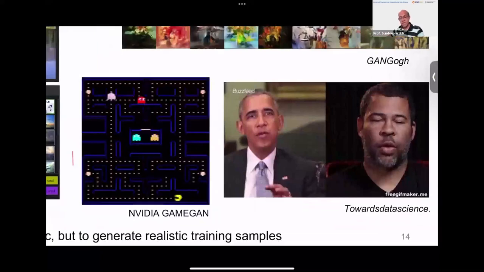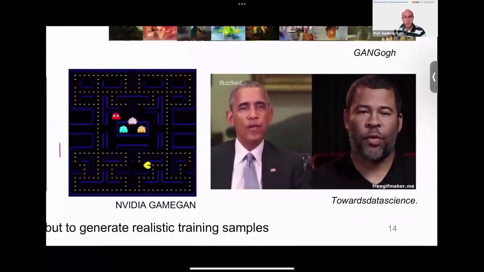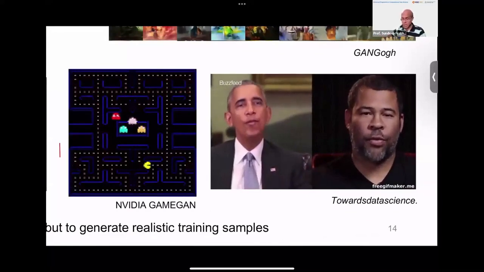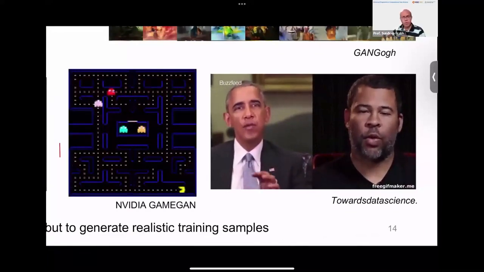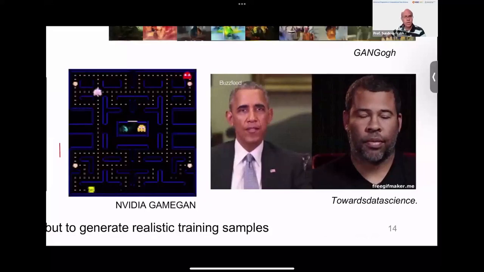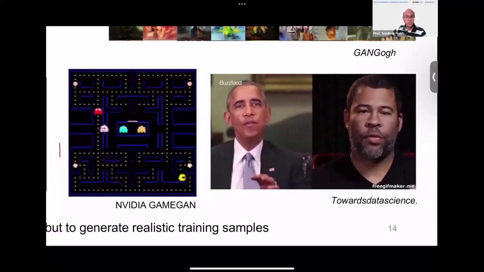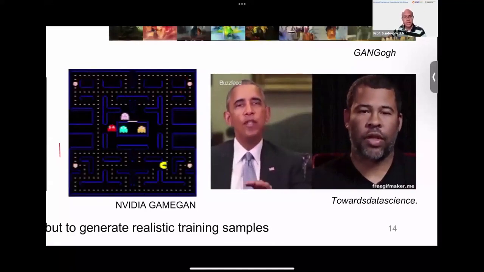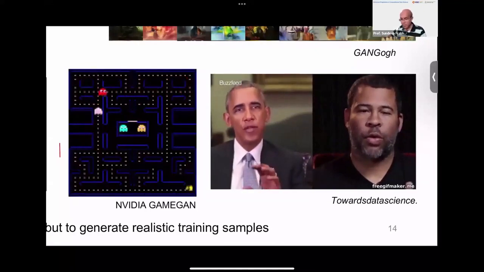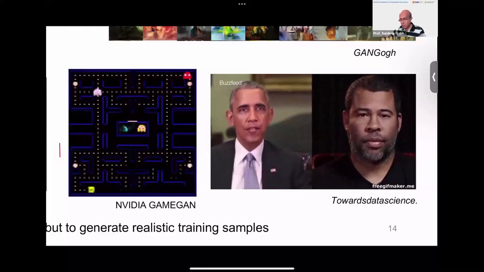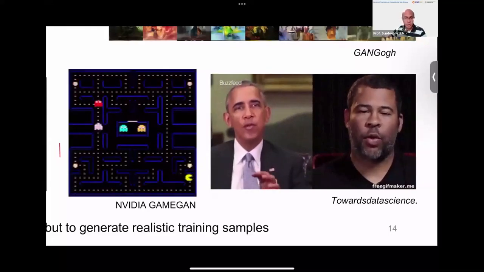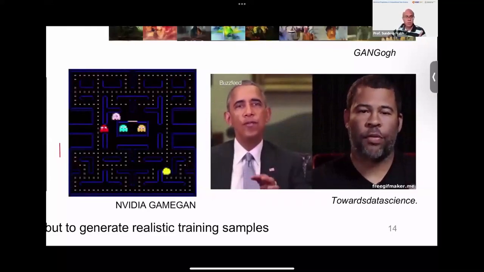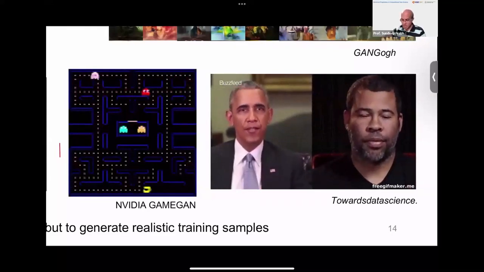Now, it has also been used for reasons that we don't desire. For example, the deep fake that became very popular a couple of years back, where you take images or videos of celebrities, and then they start generating videos as if they make some statements, which is of course not desirable and not ethical, but these are the side effects of such technology.